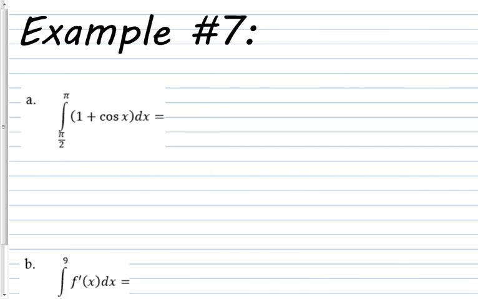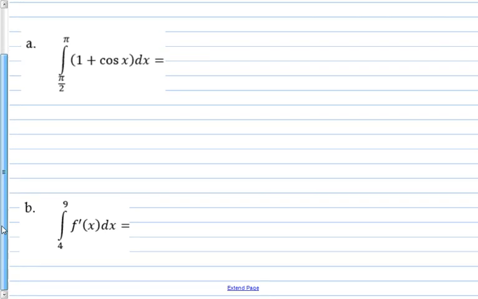So part A here, well actually part B. Let's do part B first. I should have done this in a different order. So here I am integrating the derivative. Okay, so if I antiderive f prime, I get f. Plug in the 9, plug in the 4, and there's my answer.